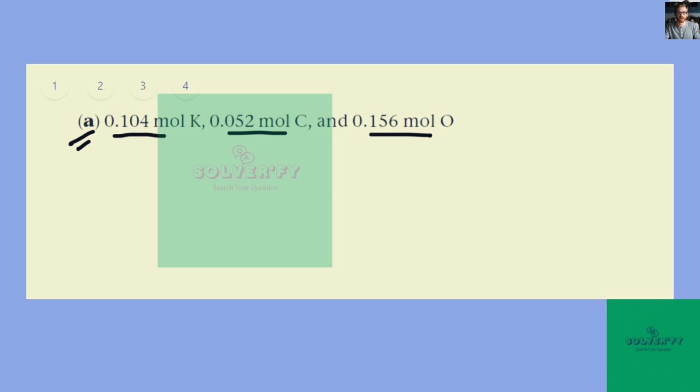From that ratio we can find out the empirical formula of the compound.